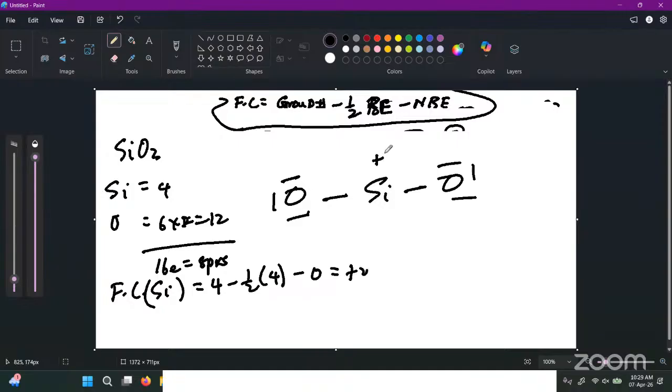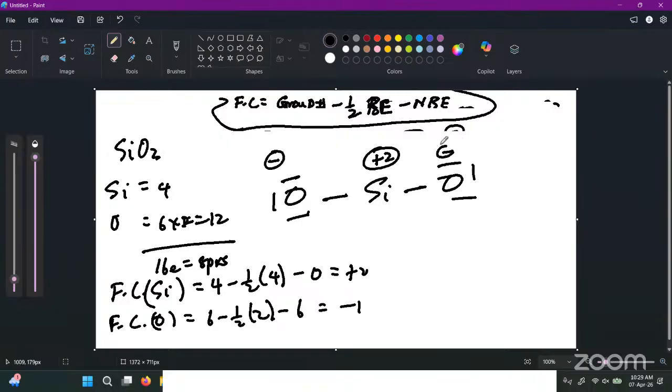So the silicon is going to have +2. And then we do the similar calculation for oxygen, which is what? 6 minus half of 2, minus 6. Right, so that gives you -1. So each oxygen will have a -1 charge.